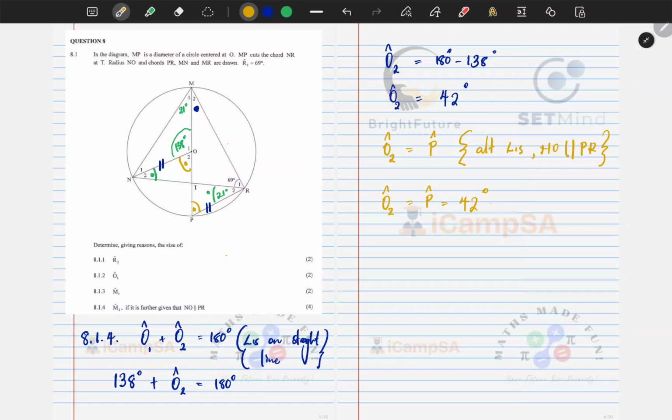Great. So now we have angle P, we have angle R. The entire angle R is 90. So it means that we can find what? We can find M2. So this is the triangle that we are going to focus on.